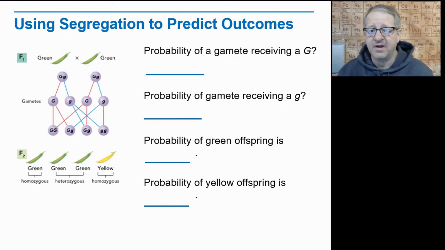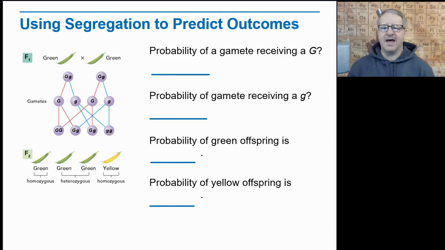In the cross we have here, the big G, big G and big G, little g allele combinations produced 3 of the green pea plants that you see here, while the little g allele combination produced the 1 yellow plant. So these quantities follow the laws of probability.